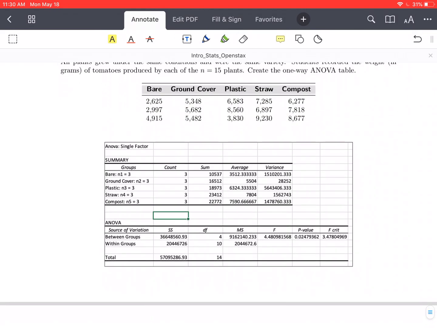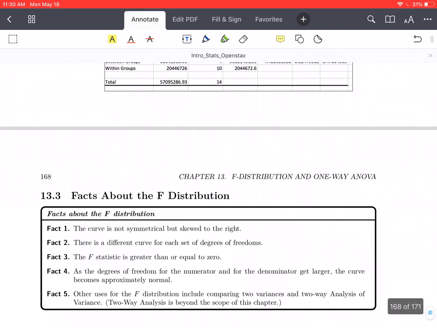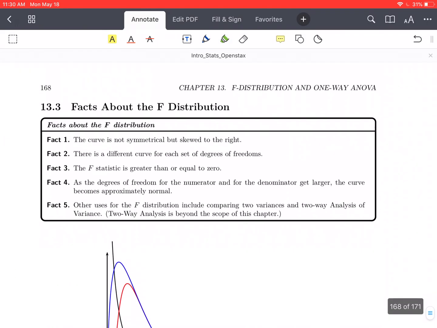But that's what our ANOVA tables are going to look like. You can see here we've got the different groups, how many in each group, their sum, their average, their variance. So we get all that information, and then we get the ANOVA information that we're going to need.